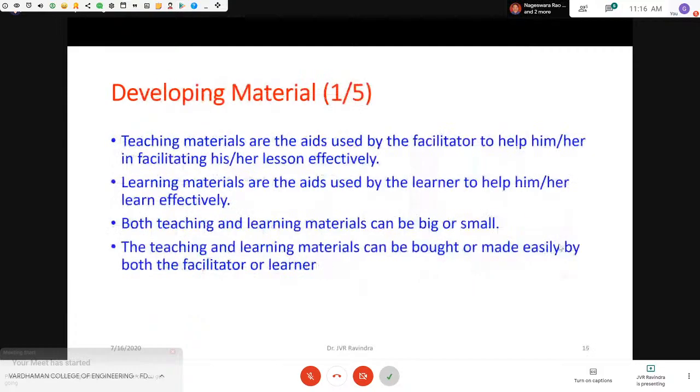So this is what I just spoke about. The teaching materials are the aids used by the facilitator to help in facilitating the lesson effectively. So in a crispy way, one page is enough. I found some of our faculty members taking textbooks to the class.